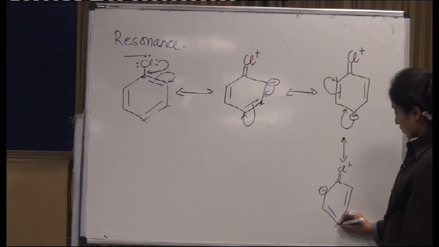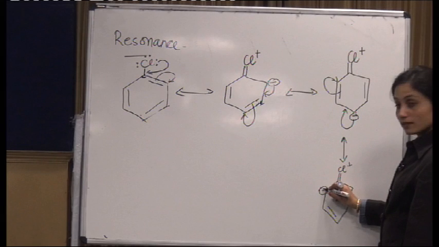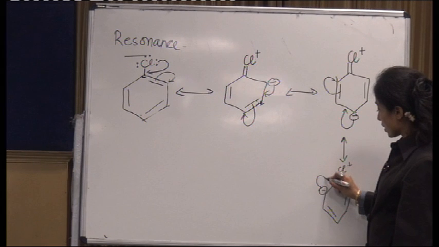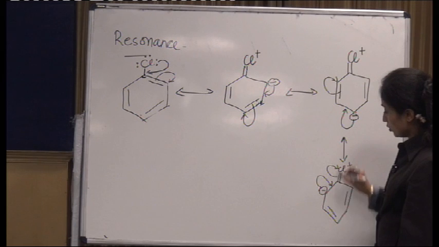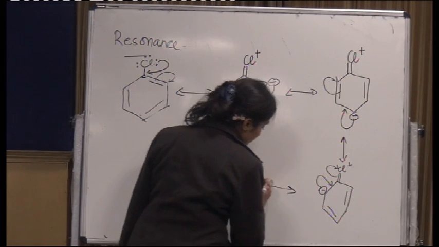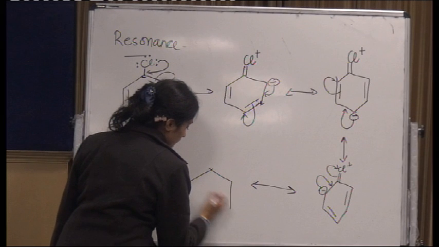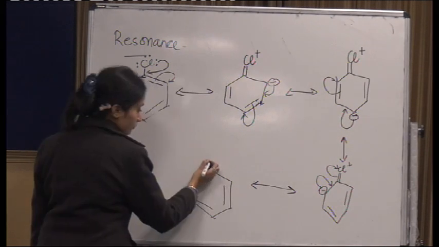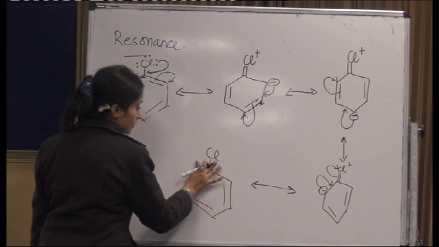ठीक है, and now this charge towards the bond, so this negative charge will move towards this bond and this double bond will move back to chlorine. So in this case now you get it has gone back to chlorine. यहाँ पे bond बन गया.